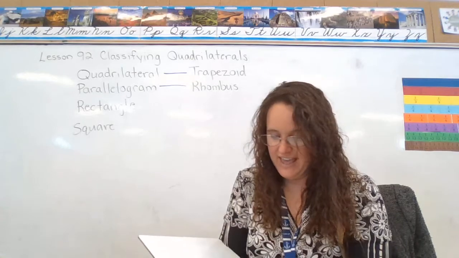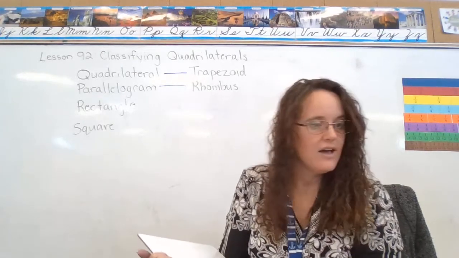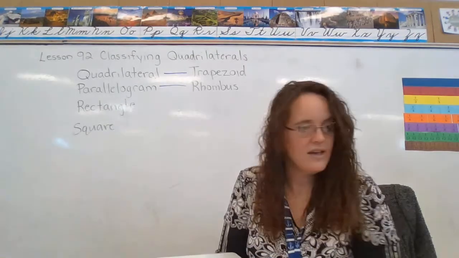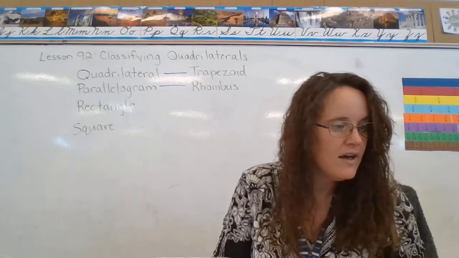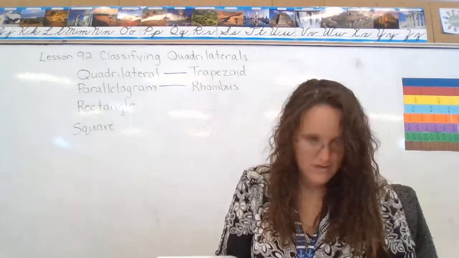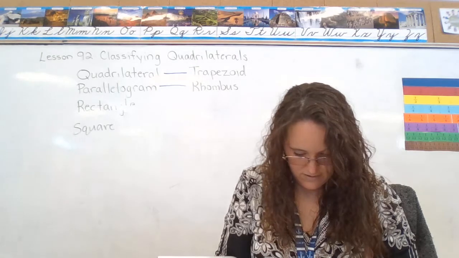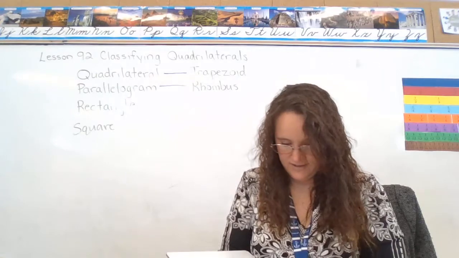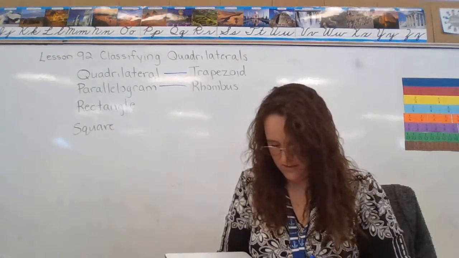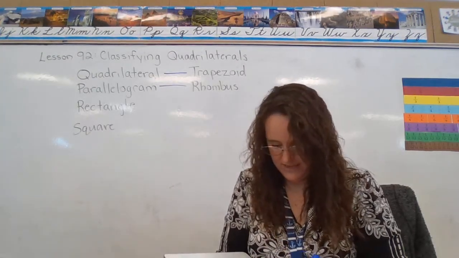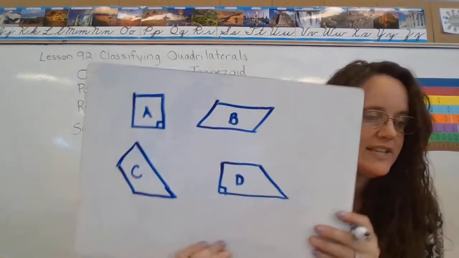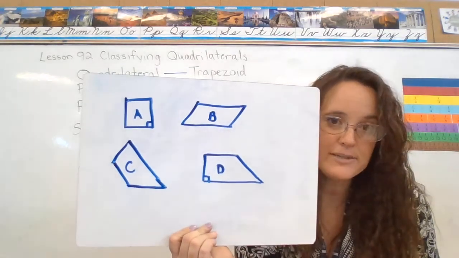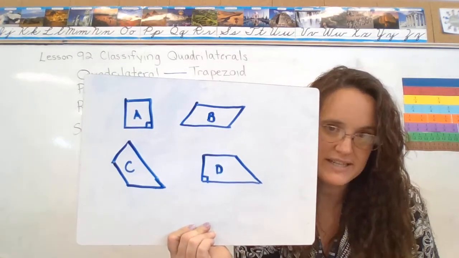So we have A, we have B, we have C, and we have D. Okay, so it says, which of the following quadrilaterals has sides that are not parallel or perpendicular?